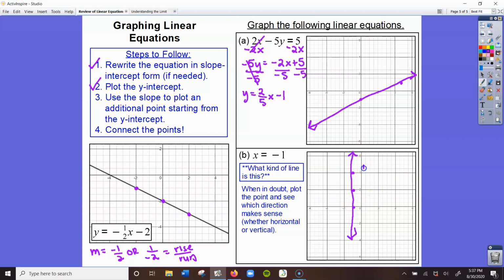That means that if I were to find the slope, let's say if I were to use these 2 points, negative 1, 2, and negative 1, 4, it would be 4 minus 2, which is 2, over negative 1 minus negative 1, which since they're the same number would be 0. Remember fractions? You can never divide by 0. So this means that all vertical lines have an undefined slope.